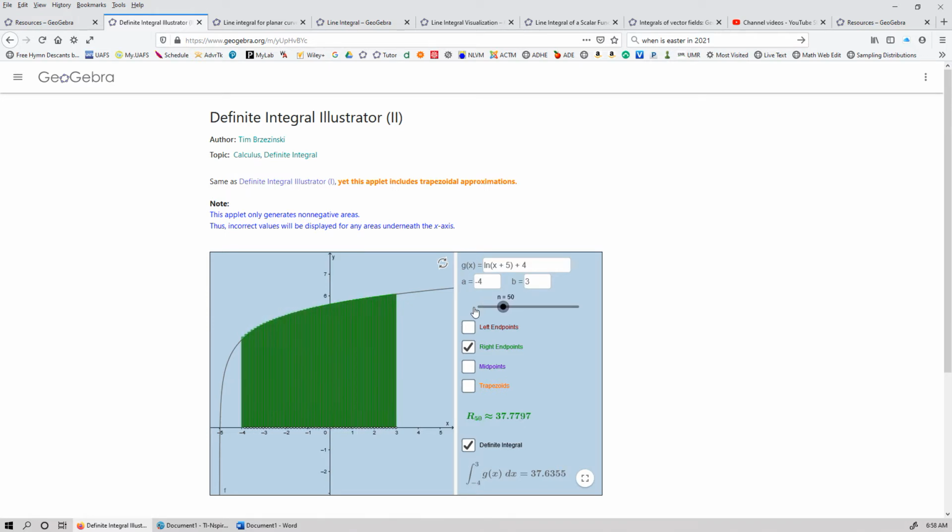Notice that those estimates are changing, but they're starting to settle down. There are 200 rectangles. It's almost impossible at this point to tell it apart from the actual area, which is the definite integral.